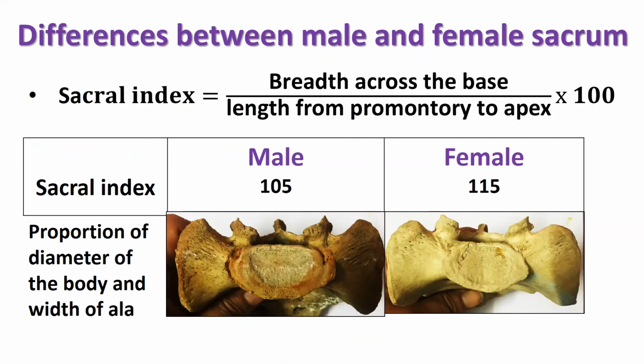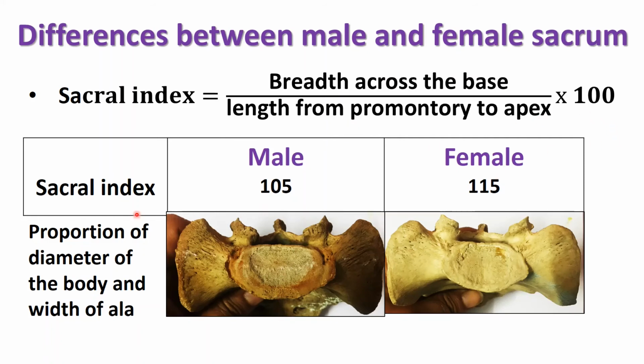Now differences between the male and female sacrum. The relationship of the length and breadth of the sacrum can be expressed by a parameter known as the sacral index. Sacral index is the breadth across the base divided by the length from the promontory to the apex, into 100.